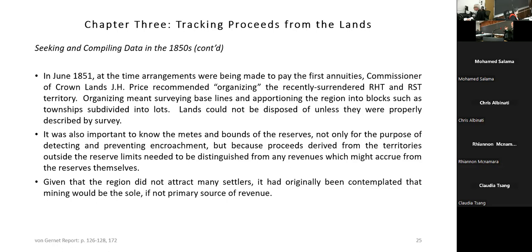And then those blocks would be subdivided into smaller blocks until you end up with saleable lots. Right. So that was what was meant by organizing the land. And so that process only got underway at about the time when the first annuities were being paid, 1851.